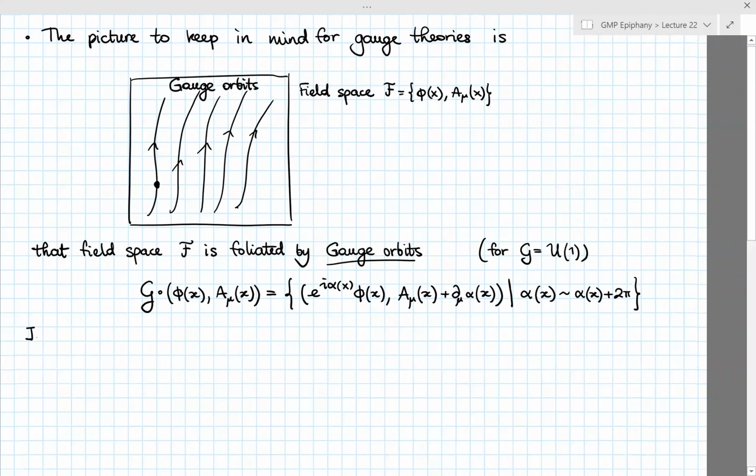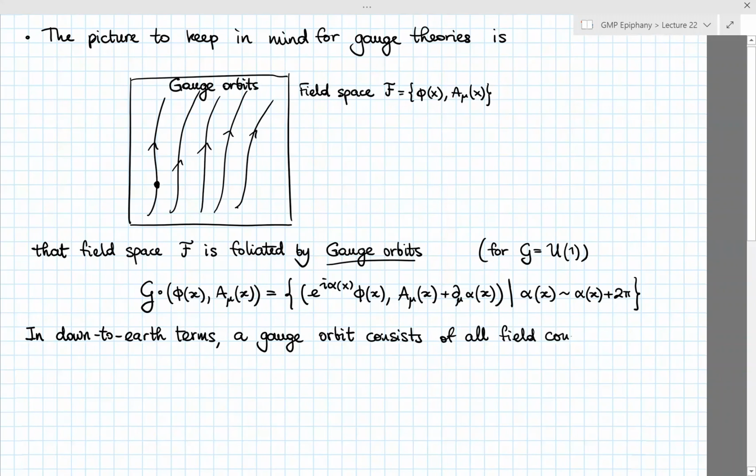In down-to-earth terms, a gauge orbit consists of all the field configurations which are related by a gauge transformation.